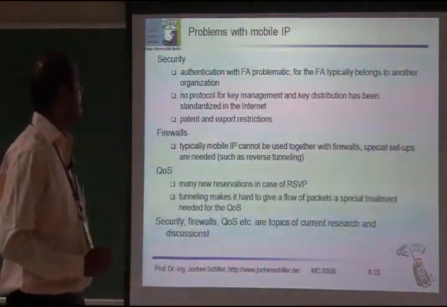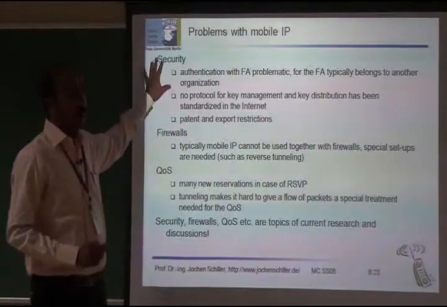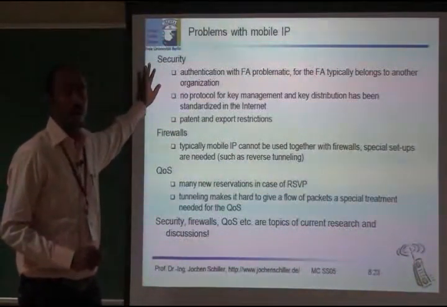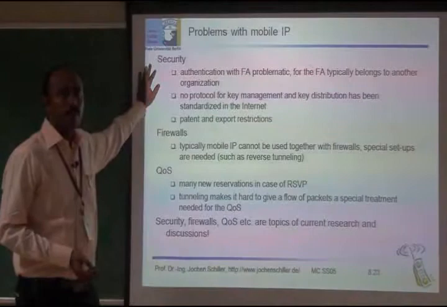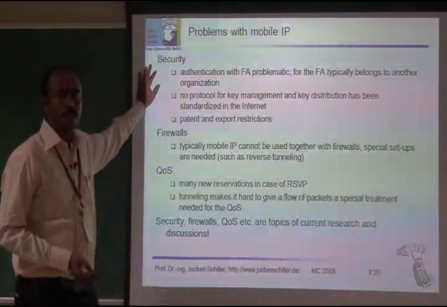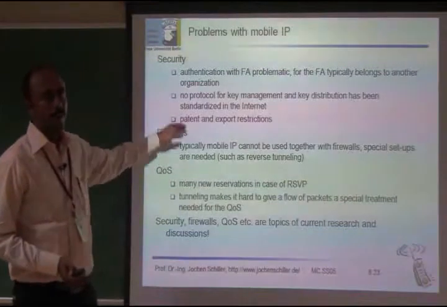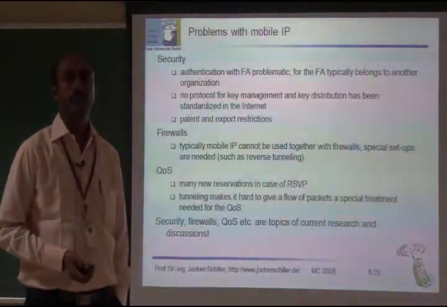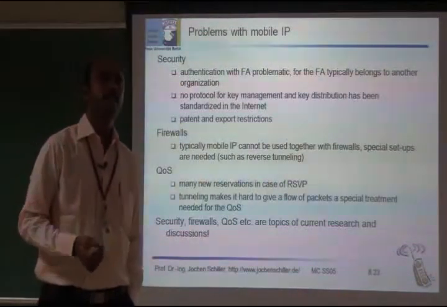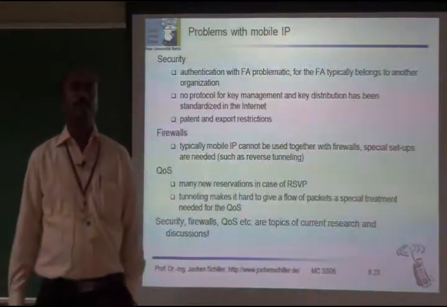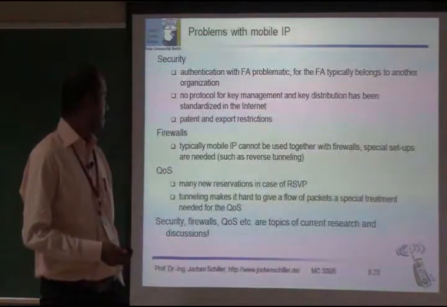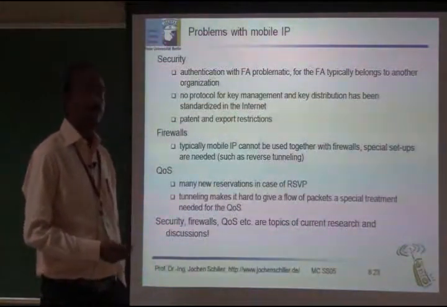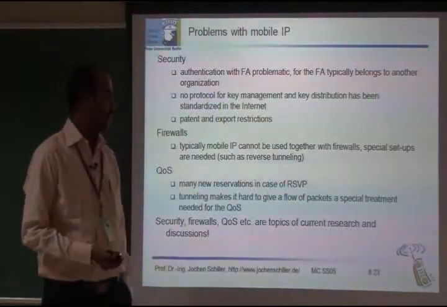And problems with mobile IP: security features. When compared to other protocols, mobile IP has security features, but they are not very strong, because we are only providing authentication. Along with authentication, confidentiality should be provided so that the data reaches the receiver side very safely. So we use firewalls everywhere.